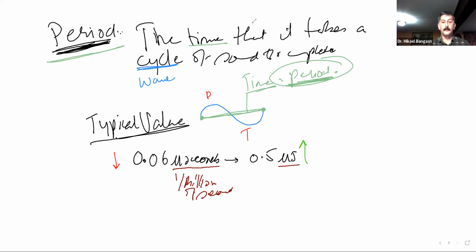Did you guys get that? So a microsecond is as if you took a second and divided it into a million equal parts, each of those being 1 microsecond.